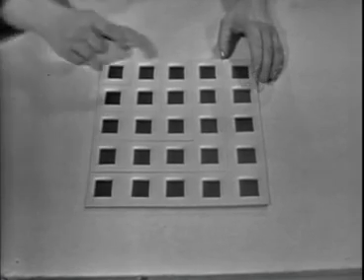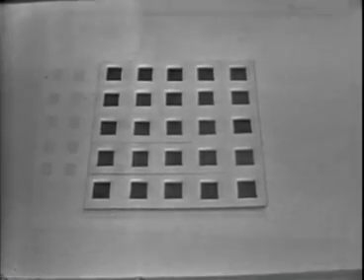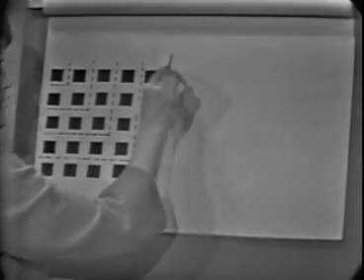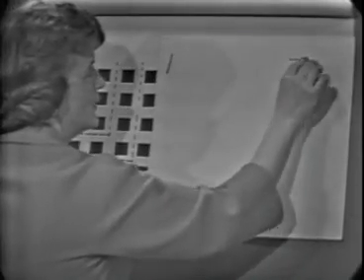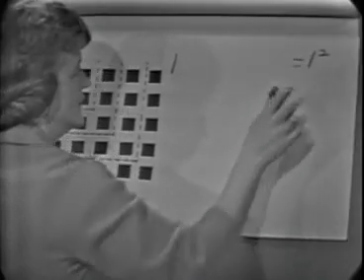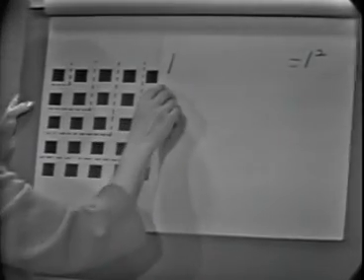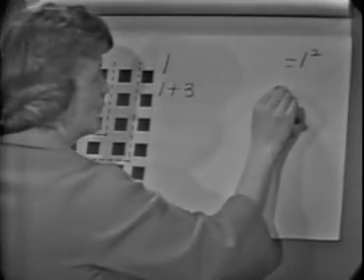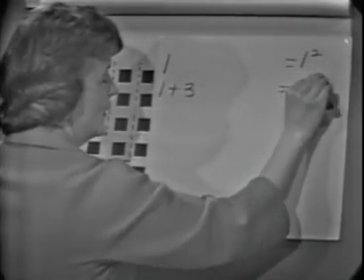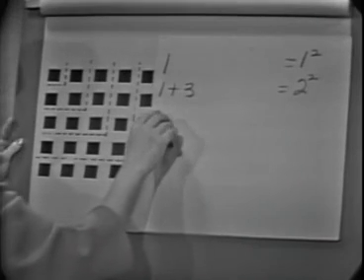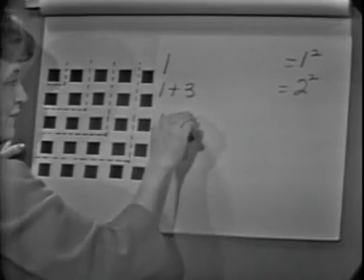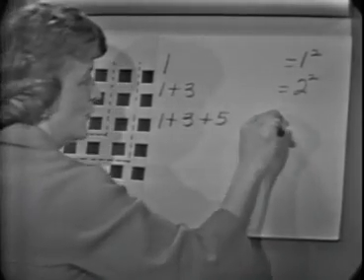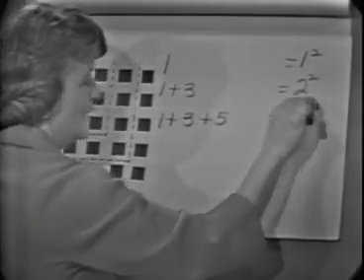Let's record here what we have done. We started with 1, and that was equal to 1 squared. Then we added to that, 1 plus 3, which was equal to 2 squared, or 4. The next time we added 5, 1 plus 3 plus 5, which is equal to 3 squared, or 9.